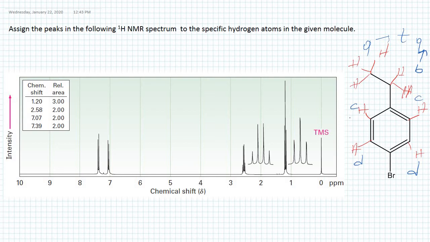So I'm going to say C doublet, and I will not do the same for this because they appear on the same place. So D, let's look at D. The proton at D has 1 neighboring proton located on the neighboring carbon, so again D is going to appear as doublet.